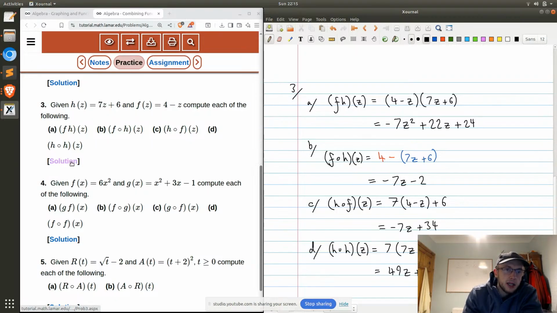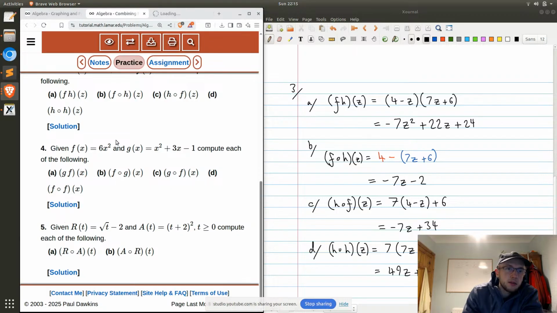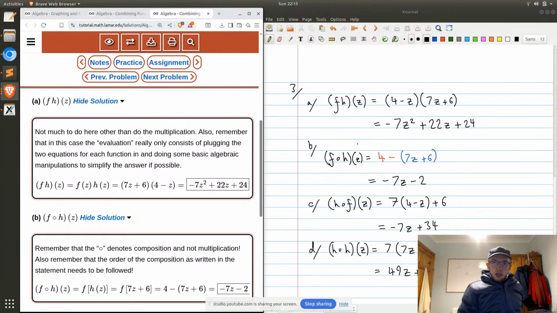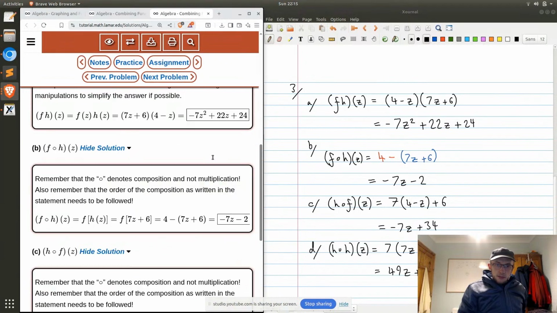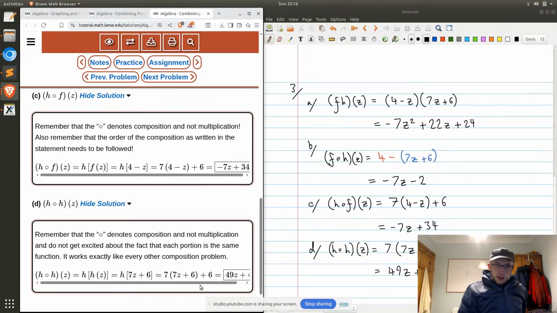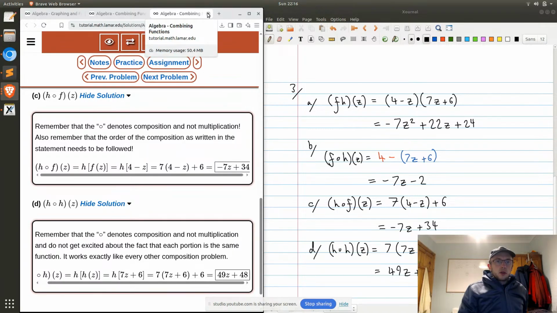And check. Everything must be checked. So here we go. Okay, the first one is correct. And the second is correct. And the third is. And the fourth is, and that's good.